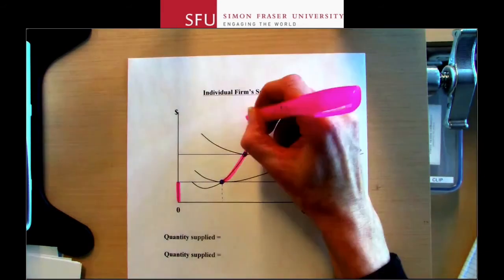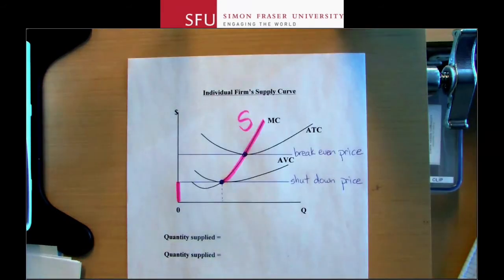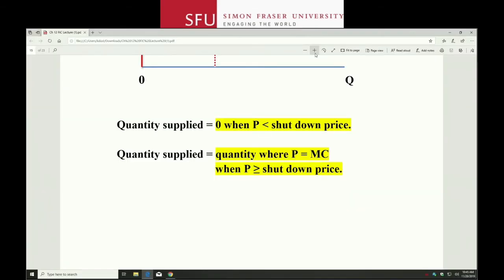The pink part then is the supply curve, so it's 2 parts. Quantity will be 0 when the price is under the shutdown price, and as long as the price is above that point, the quantity will be where the price equals the marginal cost.